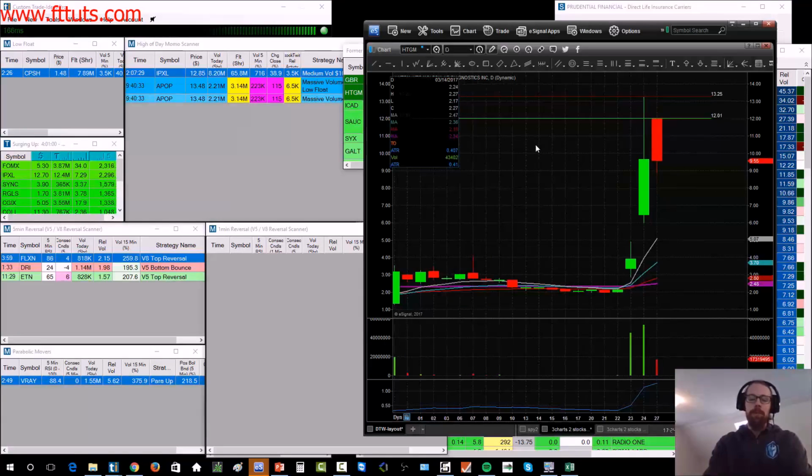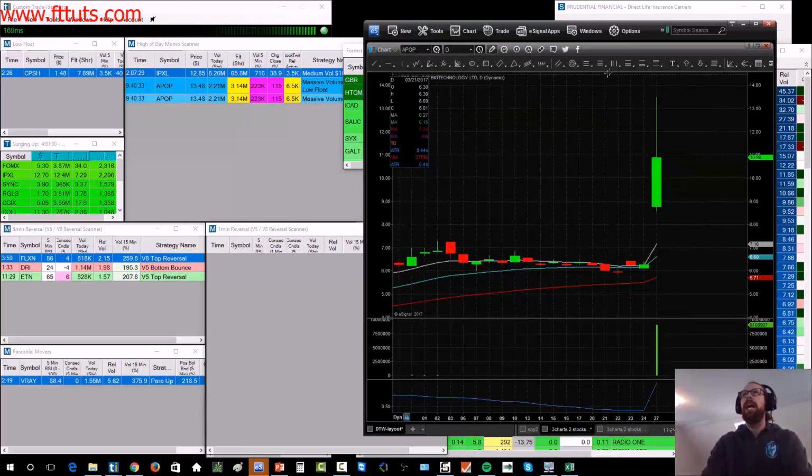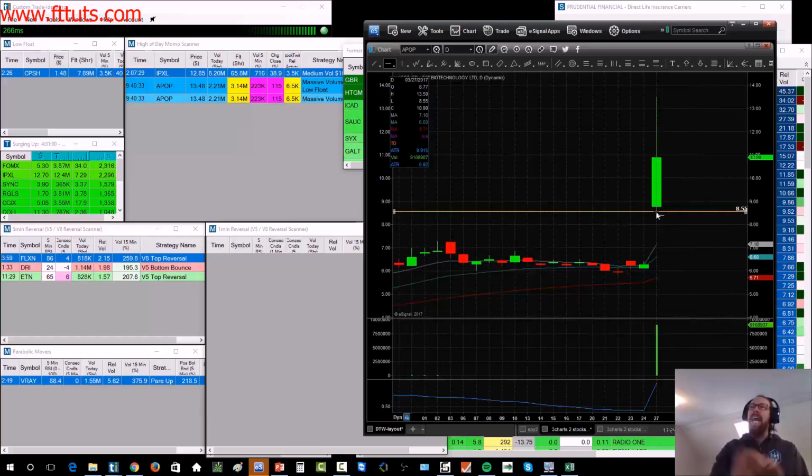Here we have APOP, a 3.3 million share float stock that came out with news overnight about their cancer treatment. We know that biotech stocks can be crazy strong because when they have really good news, it can be something that is really big in the medical world. The stock goes from a previous day close of $6 up to a high of over 13. This went up over 100% in one day.